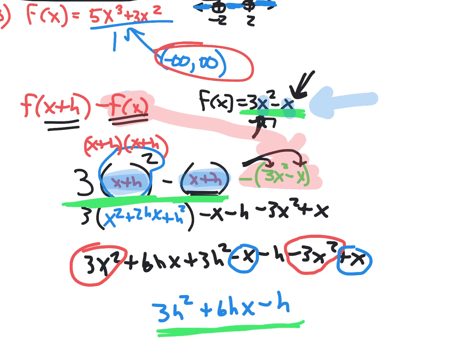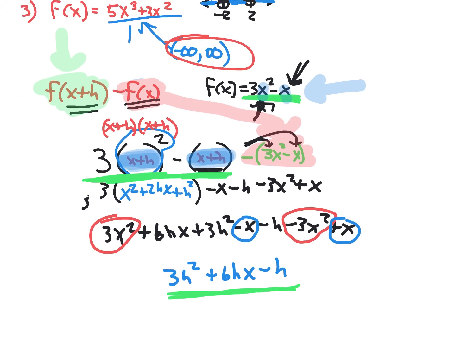Okay, so if you think of this in stages, this part here, f of x plus h, that's where you're sticking x plus h in the function. So that was the blue part right here. This was where I stuck in x plus h in the function. And then the pink part, that was where you subtracted the function. All right.